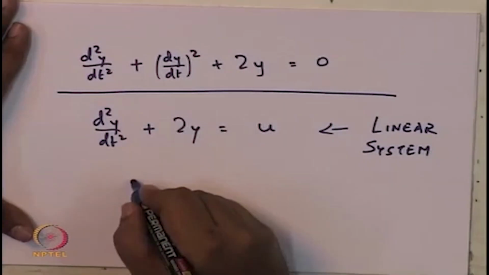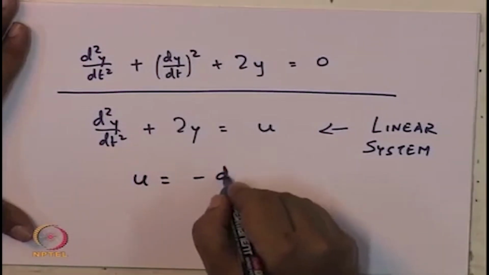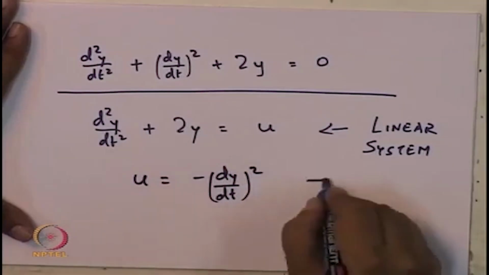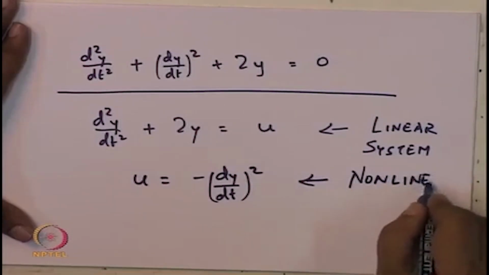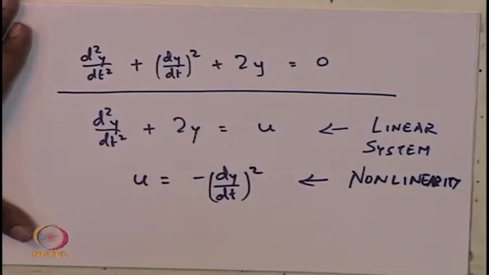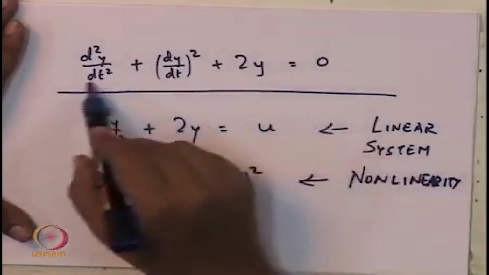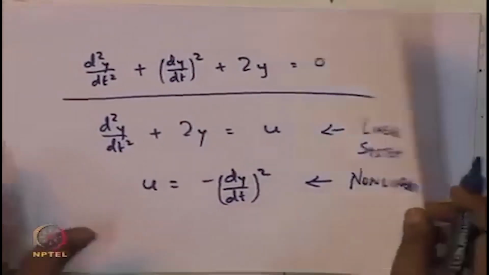So, let me put that as the next equation, which is u equal to minus (dy/dt) squared, and this is the nonlinearity. Okay. Now, the interconnection of these two systems would then give us exactly the same as this original nonlinear system. Okay. So, let us look at what this interconnection would look like.